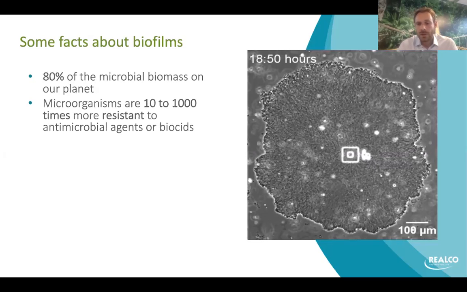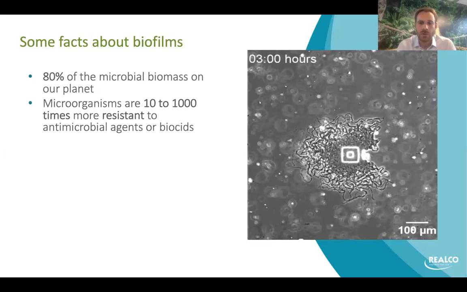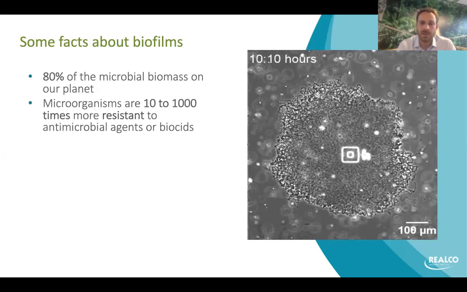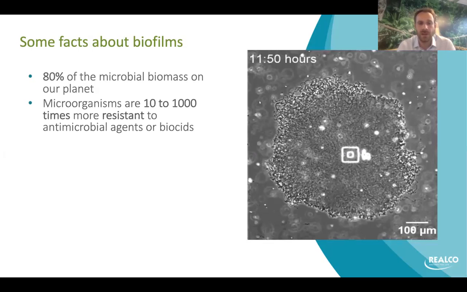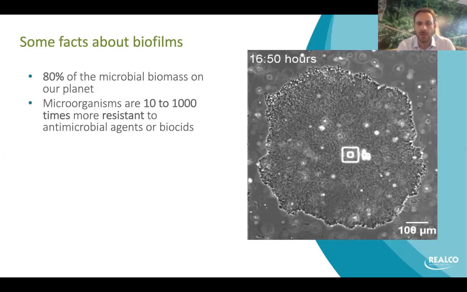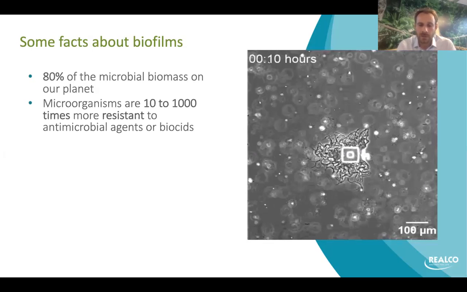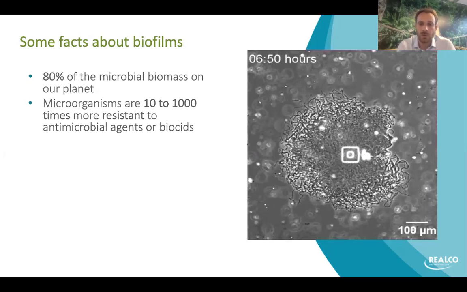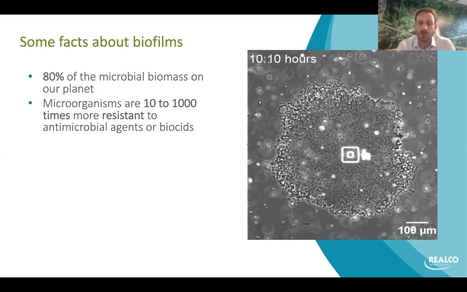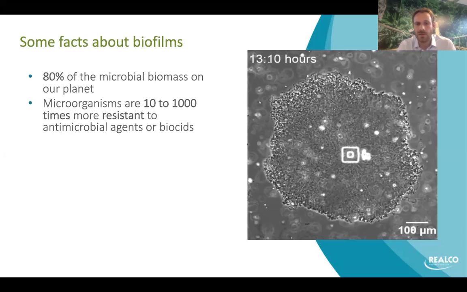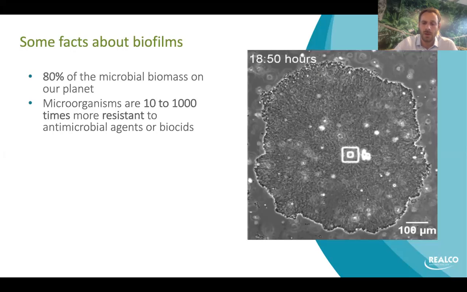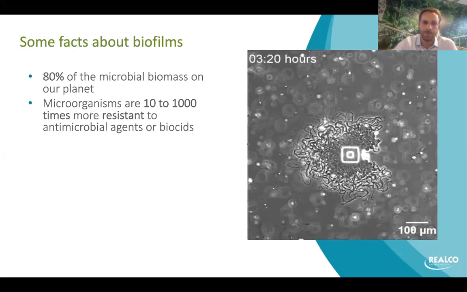It's important to know that when you have a biofilm, the microorganisms protected inside are 10 to 1,000 times more resistant to the biocide that you may use in the area. So when you are trying to kill the bacteria by using a good sanitizer, you are not really reaching the bacteria protected inside the biofilm, which is the real problem of having a biofilm in your production area.